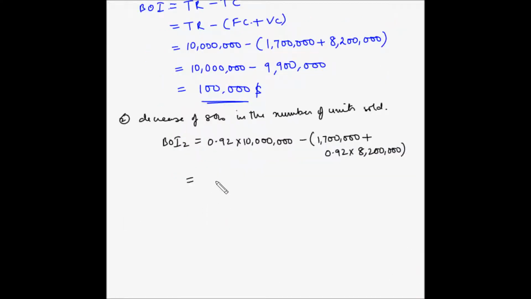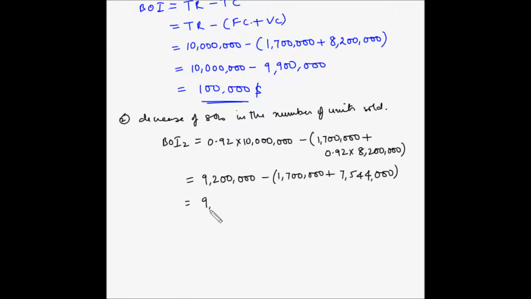So this is equal to 9.2 million minus 1.7 million plus 7,544,000.